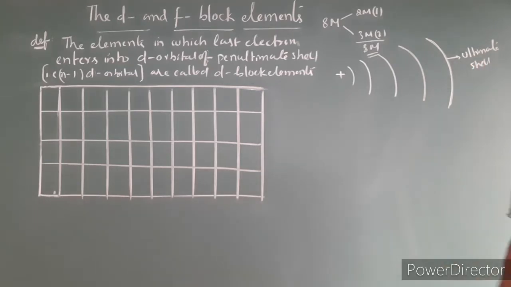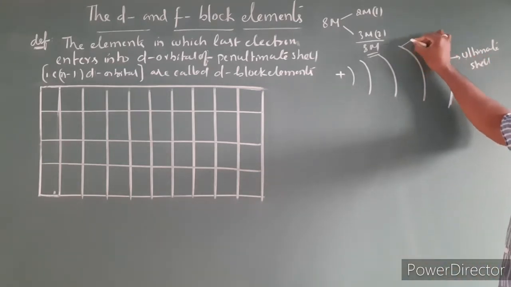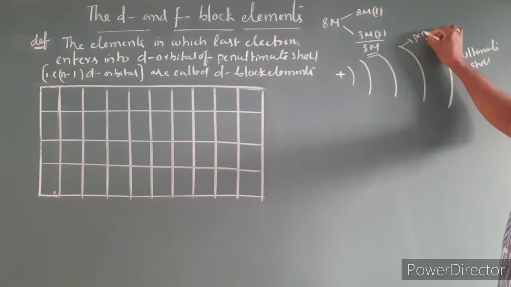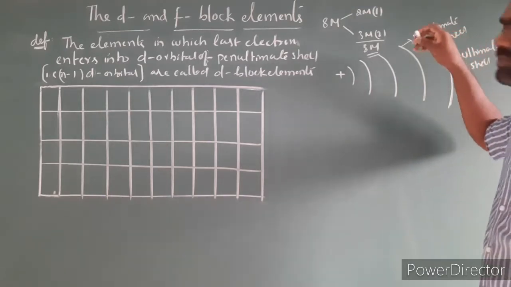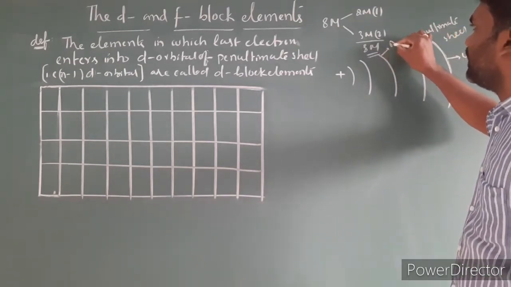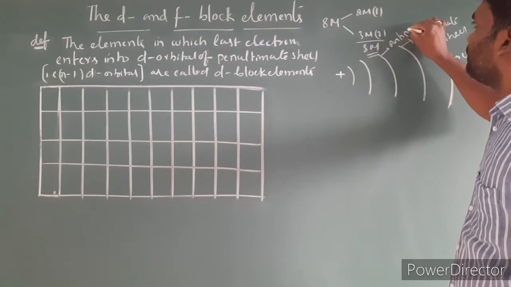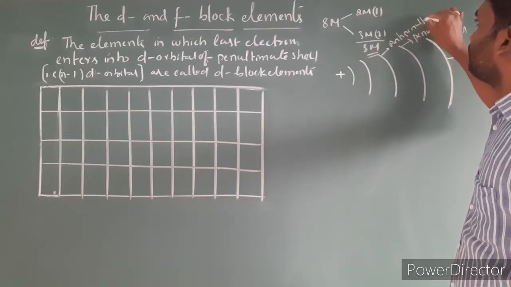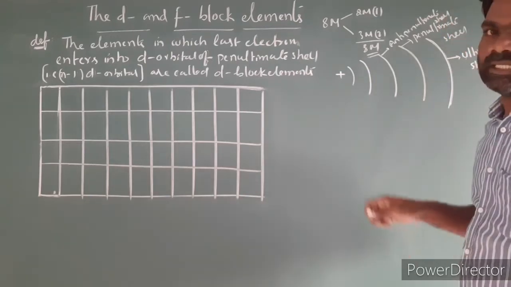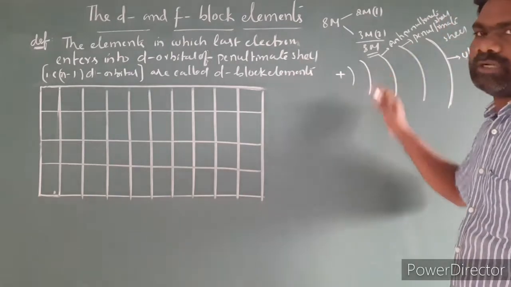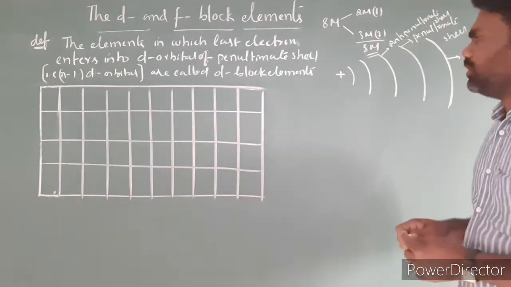The last shell is called the ultimate shell. The shell just before it is the penultimate shell. The shell just before the penultimate shell is the anti-penultimate shell. The shell before that is the core shell, and all remaining shells are core shells.